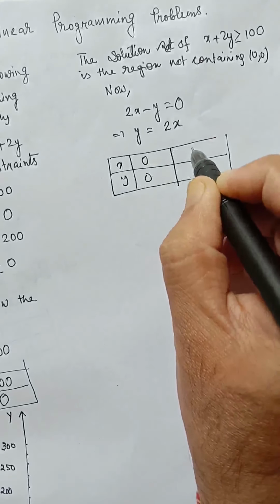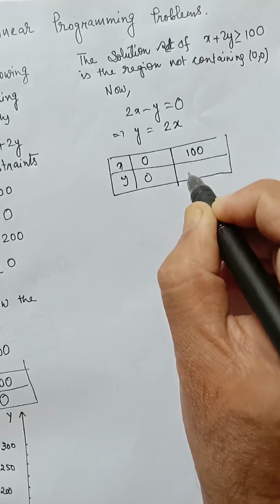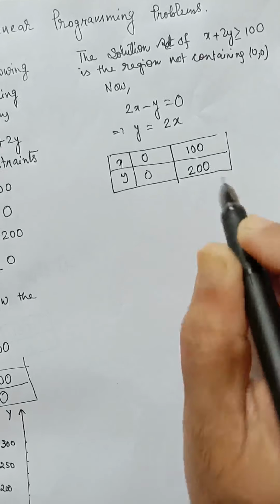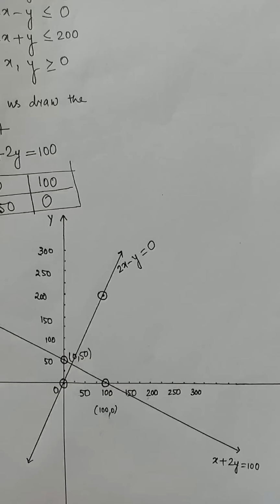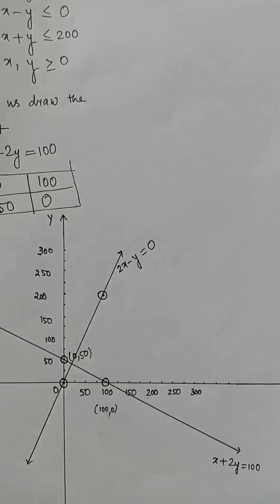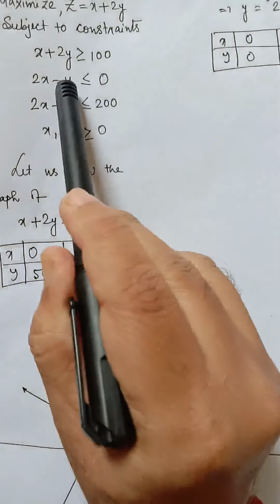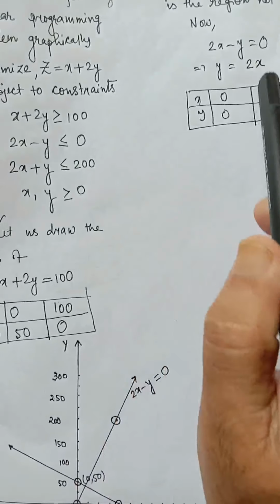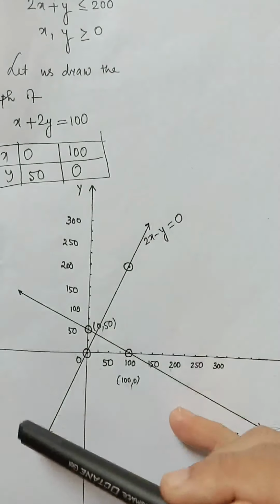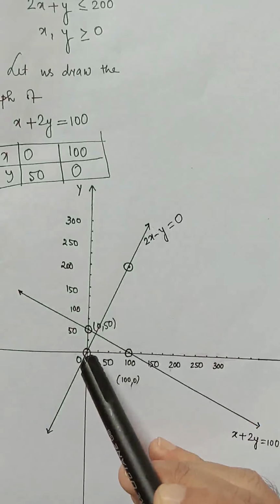When x equal to say 100, y equal to 200. Now I will plot the points and draw the graph of y equal to 2x. And here I have drawn the graph of 2x minus y equal to 0, which passes through the origin (0, 0). This is the inequation 2x minus y less than equal to 0.